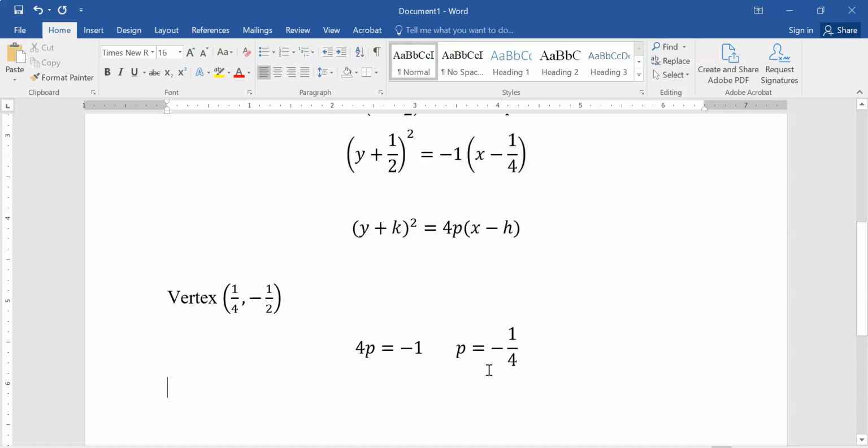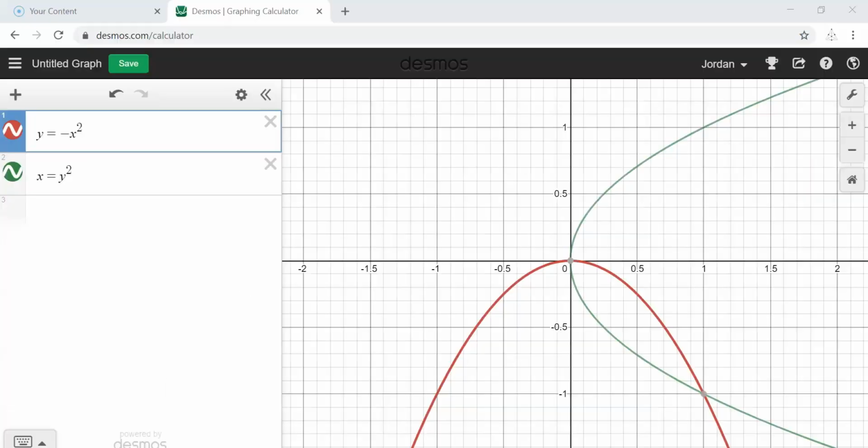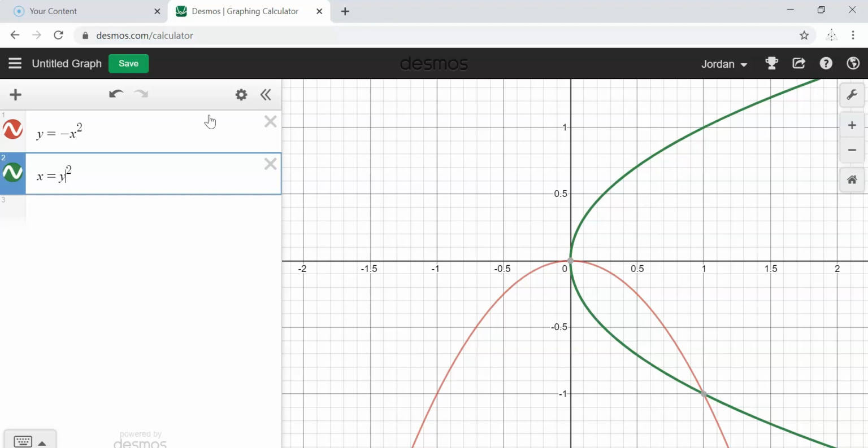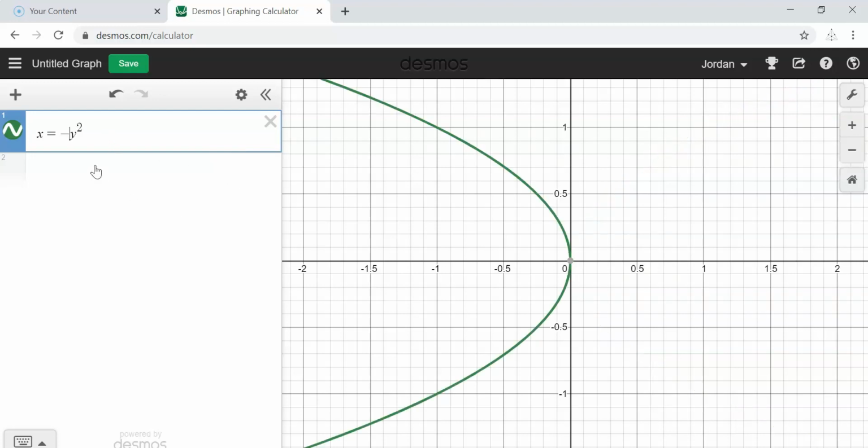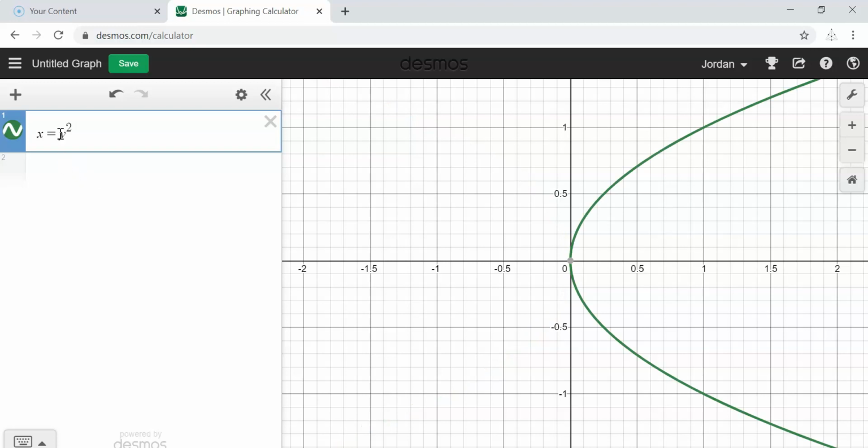So we actually want this green look. All right, let me erase that. So we want the green look. And so it's going to either point right or left, depending on whether we have positives or negatives in front of our x's.